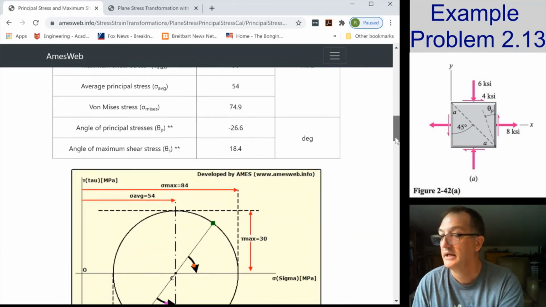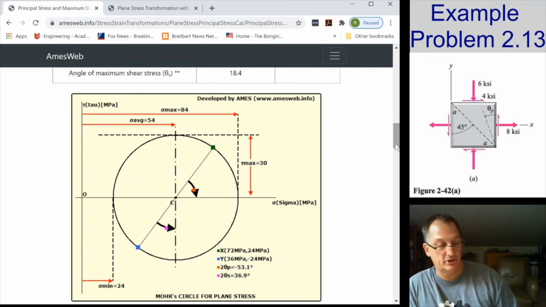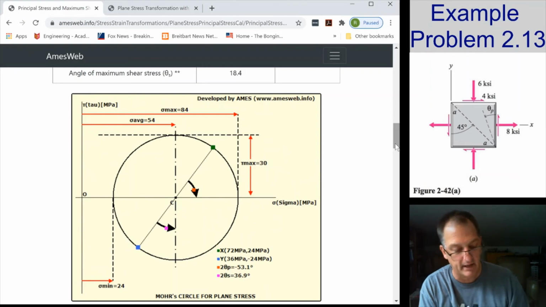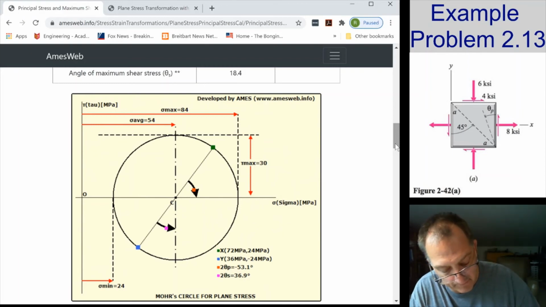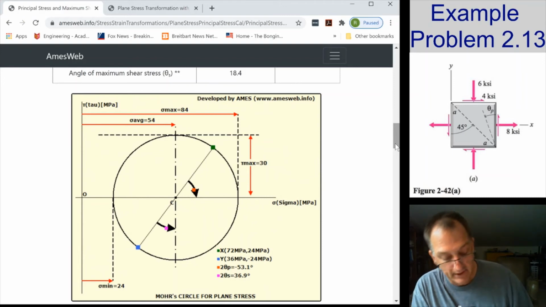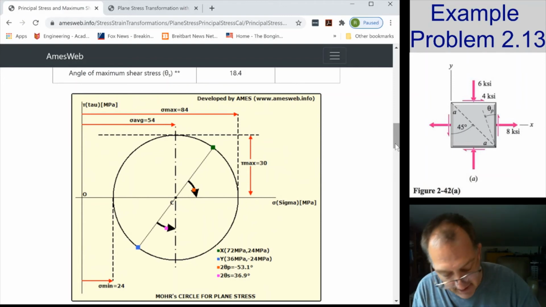And I hit calculate, and does it have answers for me? Yep. And they're showing me a picture. If I had drawn that, what I said was the center point would be at 54, 0. Why? Because that's the average of those two. And then this gives me plus 18 and minus 18.